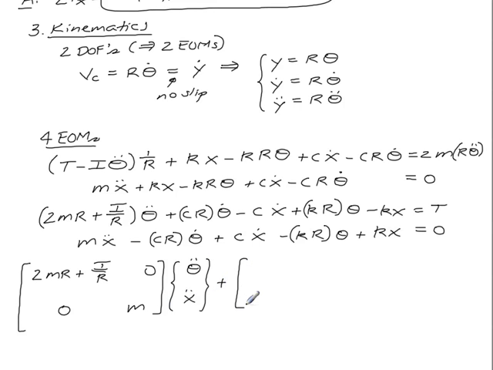The damping terms are going to be cr, minus c, minus cr, c, times theta dot, x dot.